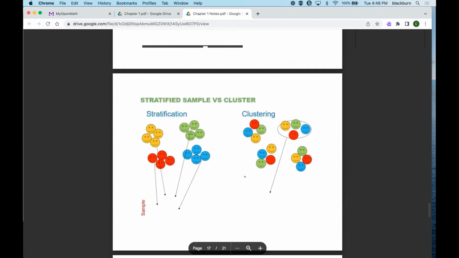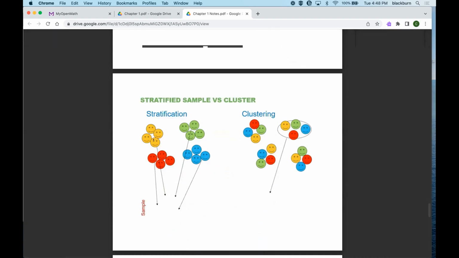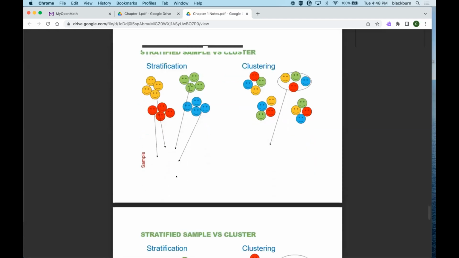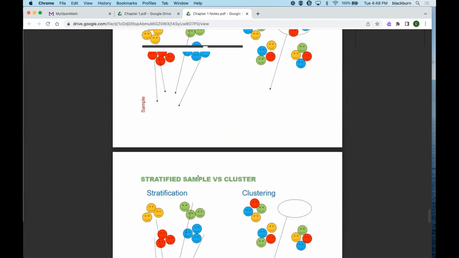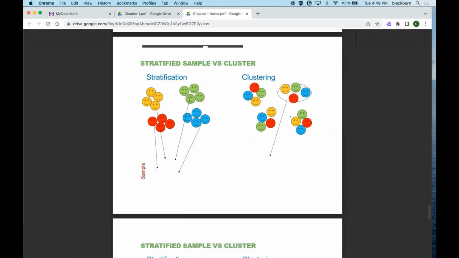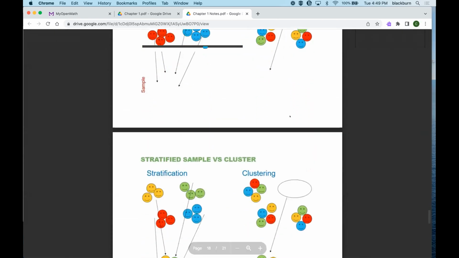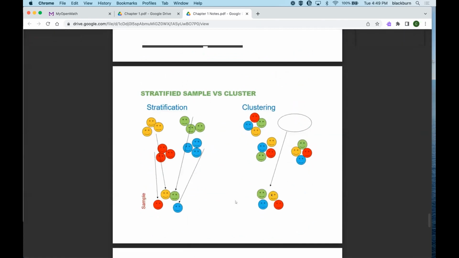So stratification, you have 4 different strata, and then you're going to take 1/4 of each stratum, and then you get this sample right here. Clustering, you divide the group up into 4 clusters, and you take 1/4 of the clusters, and you get that sample right there. Just a different way of sampling.